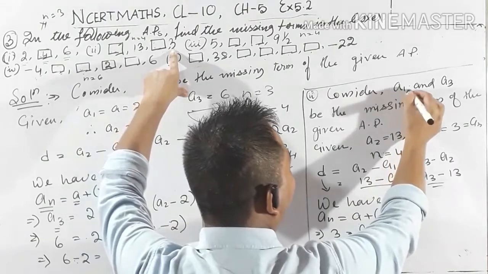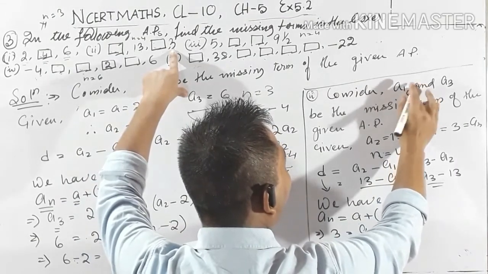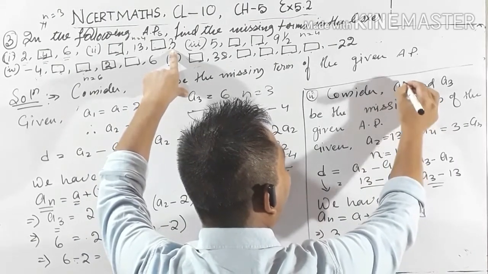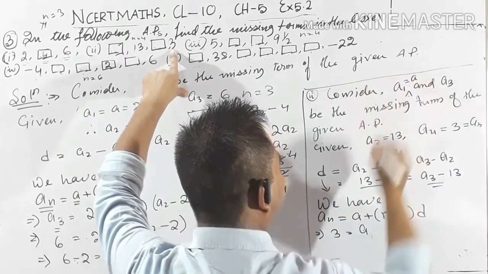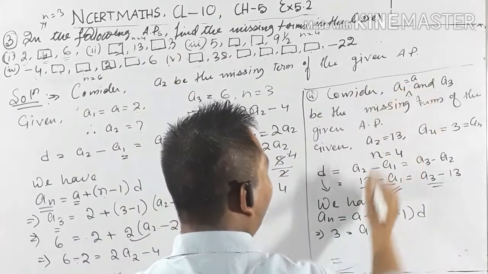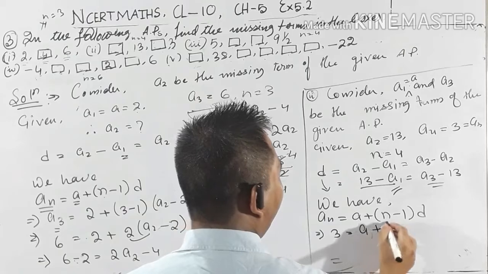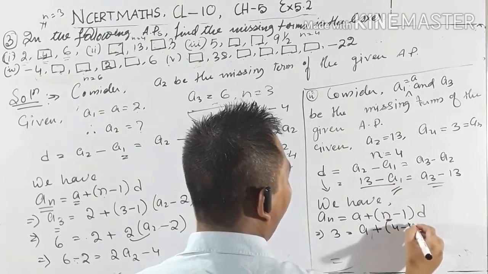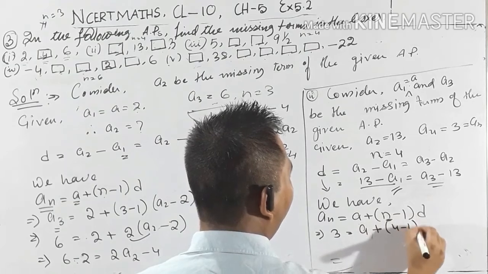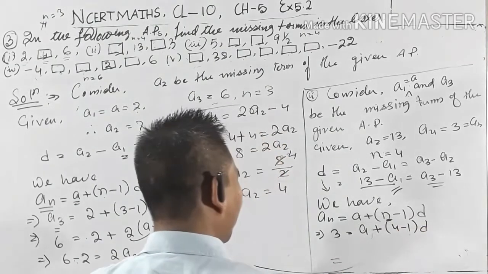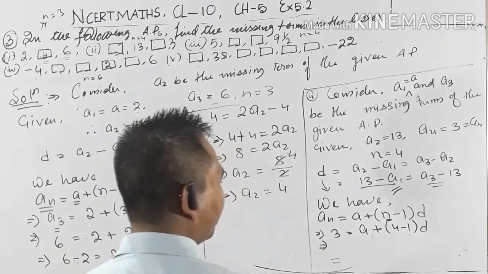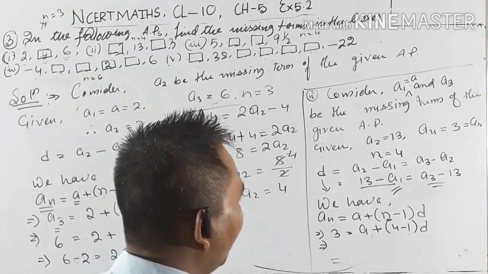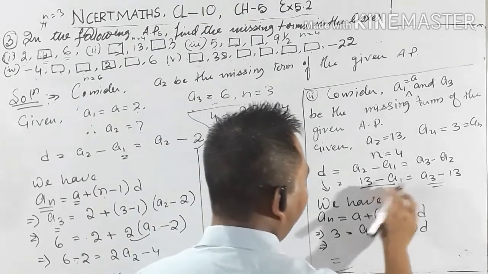Put here A1 equals A. Then we can write A plus n minus 1 times d, where n is 4, so 4 minus 1 times d. What is the common difference here? It is 13 minus A1.